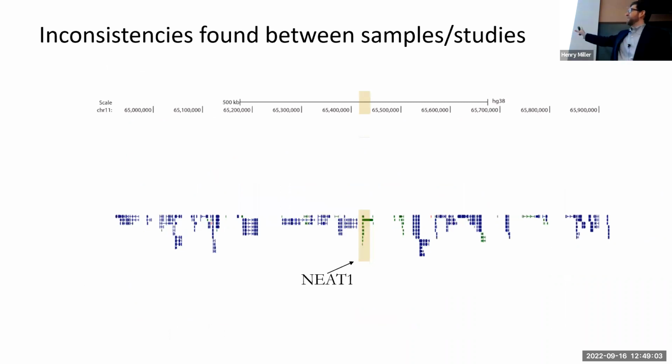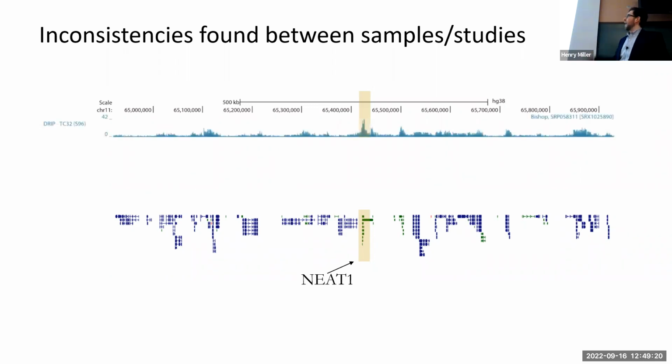So this is a view of a genome browser. It shows about a megabase span of the genome, and it's centered on the NEAT1 RNA gene. Now, NEAT1 is a gene that shows some of the highest and most consistent levels of R loop formation across studies. Now, we're looking here at one of our DRIP sequencing samples, and we see, as expected, it maps an R loop right there, and it seems to also map a few other R loops across this region of the genome.